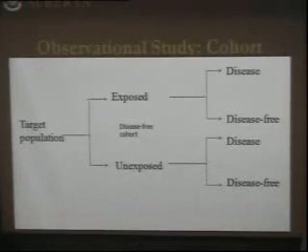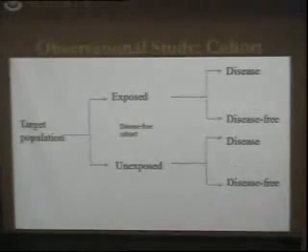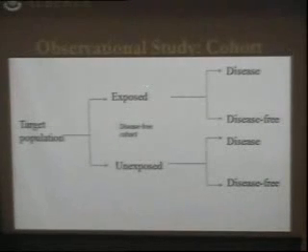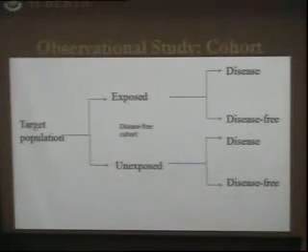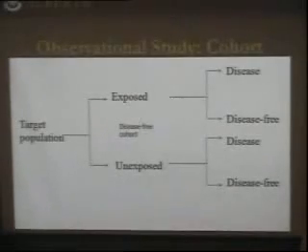There was a concern that women were having an increased number of spontaneous abortions because they were sitting in front of a video display terminal. So what they did is they got a group of women, and then they determined who had been exposed to a video display terminal, who was unexposed, and then they followed them forward in time to see during their pregnancies whether or not they had a spontaneous abortion.